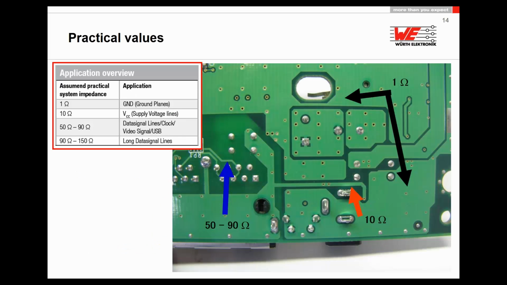So now you know, if you have something like a VCC power line where the noise is coming from the DC-DC converter or from outside, then you can consider the system impedance and assume this is roughly 10 ohm. If it's a buck converter, you will see it's even less, but 10 ohm is a good starting point.